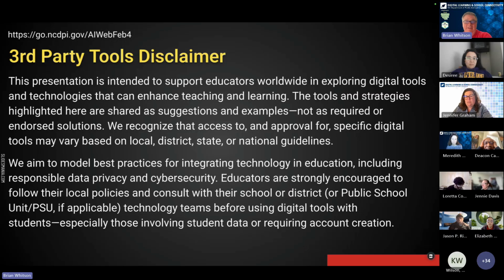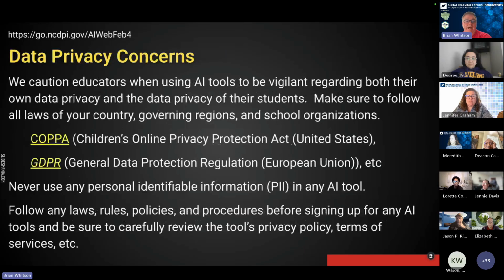As we are getting started, I do have to give you some DPI talk. We're going to use a variety of tools, and while we don't endorse these tools, these are tools that other educators have found useful. I'm trying to use all free activities that you can pull and use as well. But just realize these are not an endorsement by DPI. When we are working with AI, remember we do need to keep data privacy in mind.